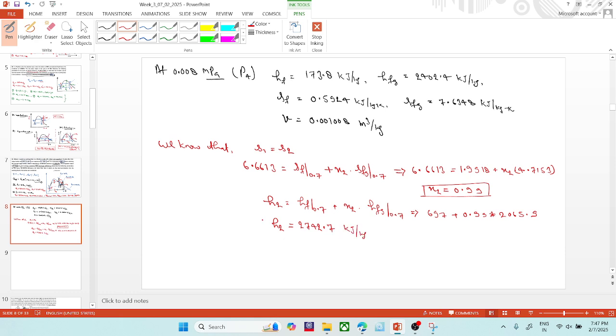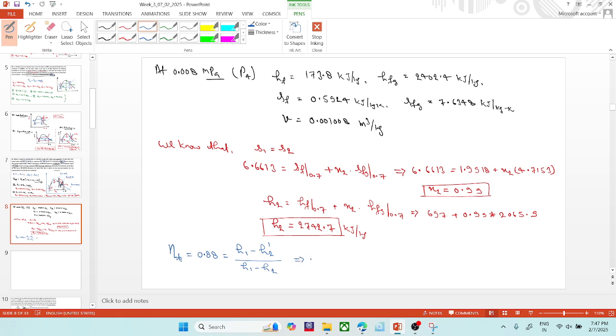kilojoule per kg. So this value we have determined for the isentropic process, but here the isentropic efficiency of the turbine is provided. So we will apply it here. We know that the isentropic efficiency for turbine 1 is 0.88 and the expression would be H1 minus H2 dash divided by H1 minus H2.